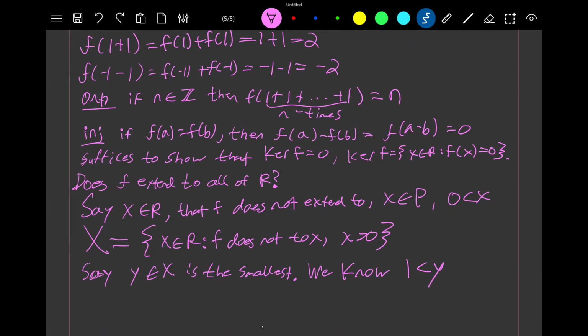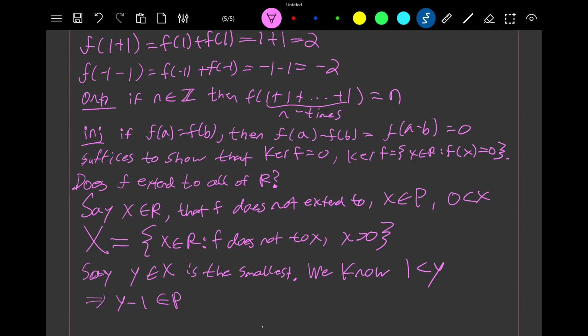And so we have, and there's no integer between 0 and 1, so we have 1 is less than y. So this implies that y minus 1 is positive, right?